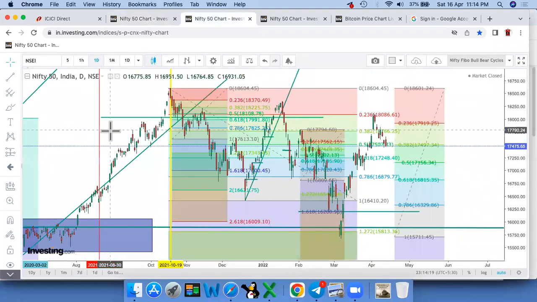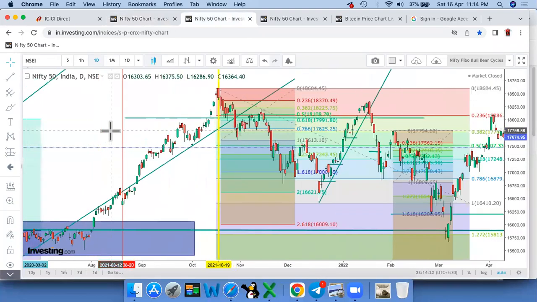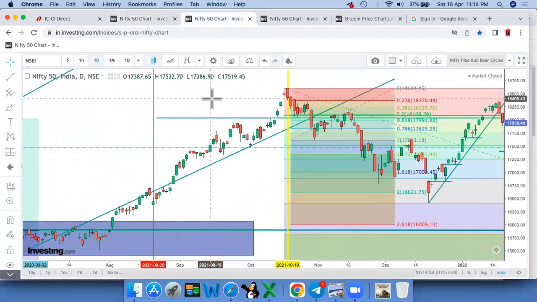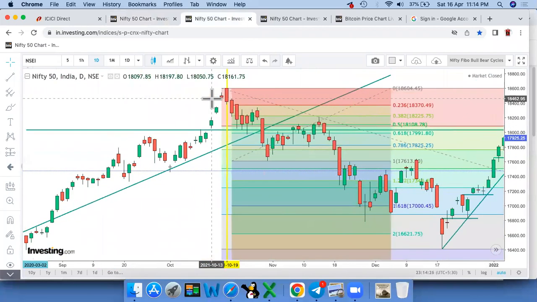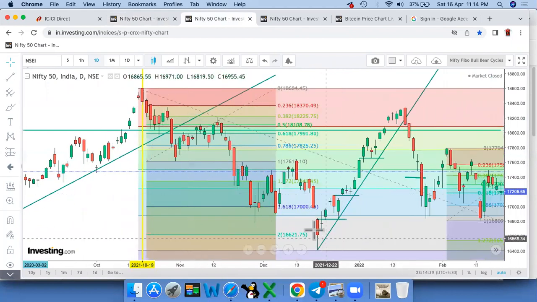Let's try to take some examples. What do 3 days and 3 nights mean? Let's try to interpret through this example. This was the all-time high that we had, and after that we had almost 3 continuous days in one direction, coming down. Again, when it was going up, we had 3 days continuously going up in one direction.